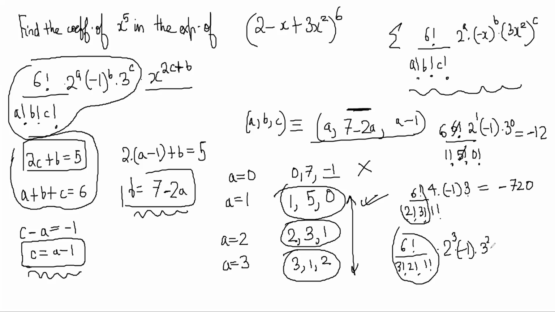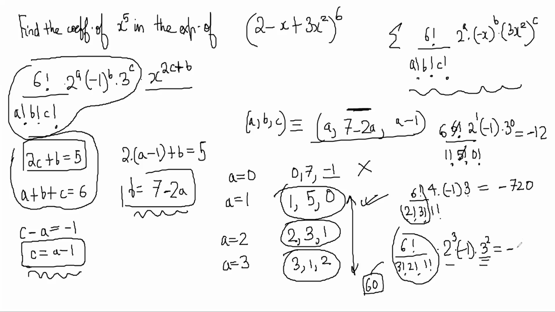So 60 into 8 into 9, 60 into 72, that is 432.